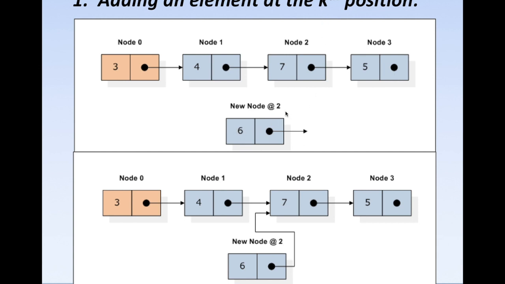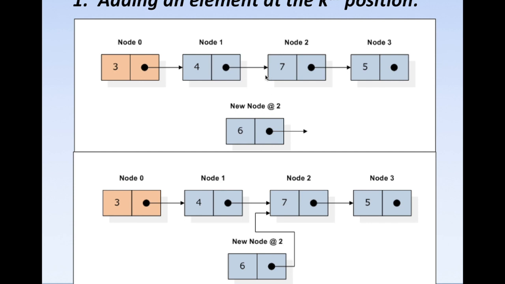In this example, I want to add a new node which contains number 6 at position 2. So you should assume that it's going to be inserted at node 2. So node 2 will become node 3. So this is going to fit in here, all right?